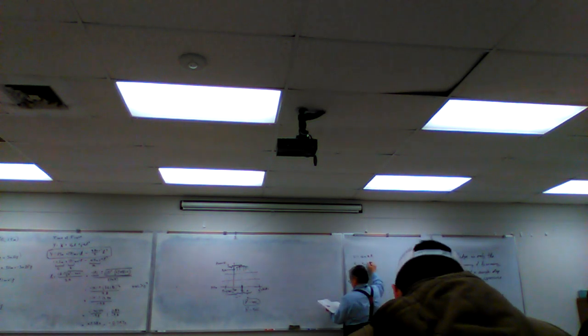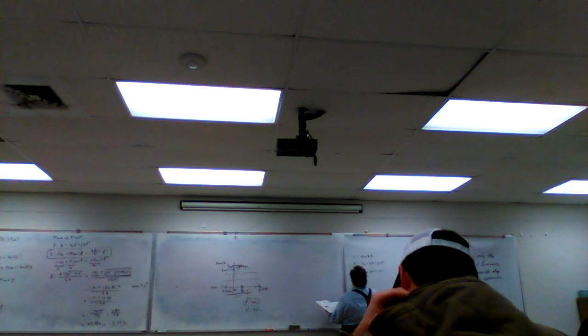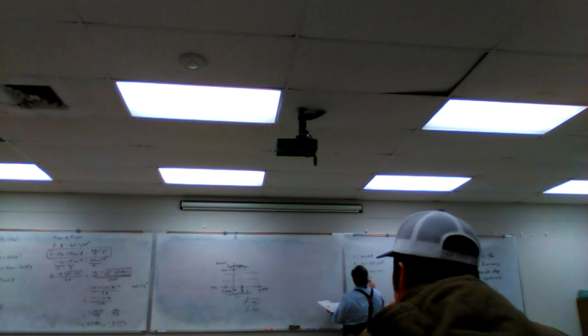We got v equals v naught plus at. x equals x naught plus v naught t plus 1/2 at squared. And we got v squared equals v naught squared plus 2a times (x minus x naught). And finally we have v average is equal to (v plus v naught) over 2.